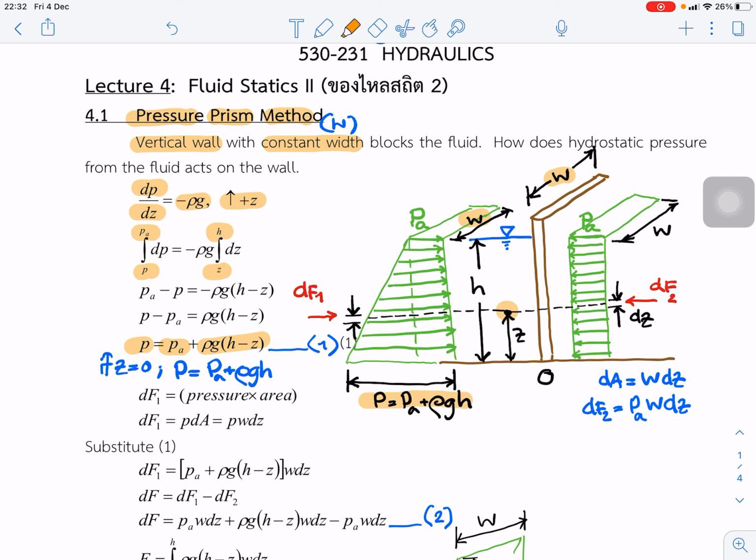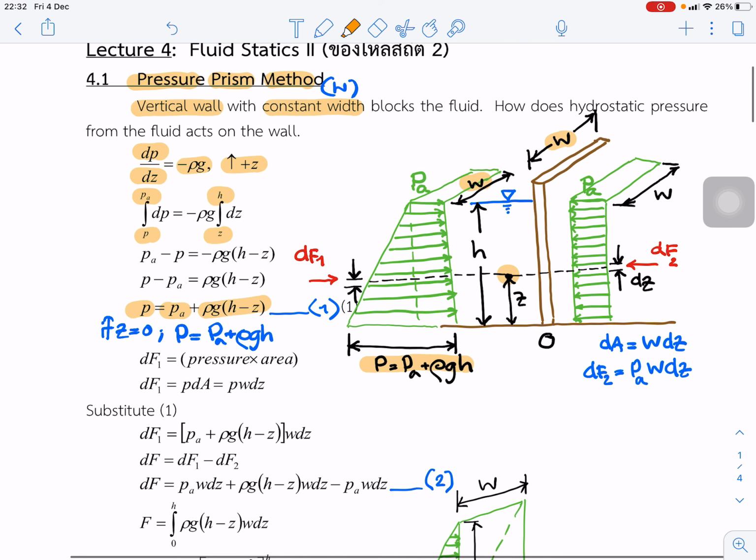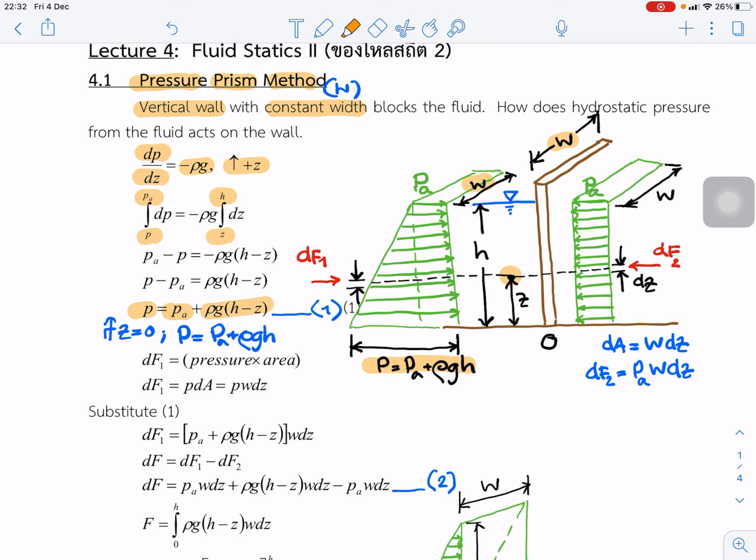From this pressure distribution, PA is the atmospheric pressure on both sides.